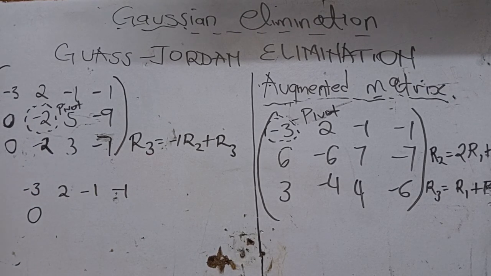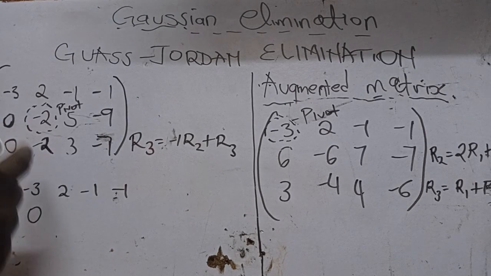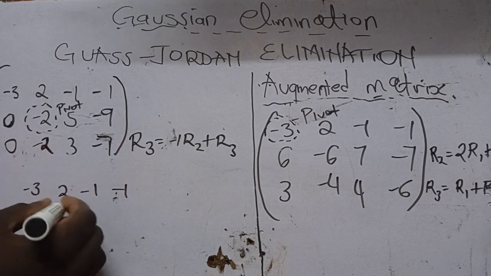Then after solving, negative R2: negative 2 times negative 2 is 4, plus negative 2 is negative 2.